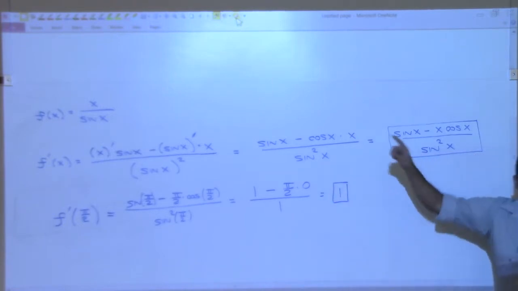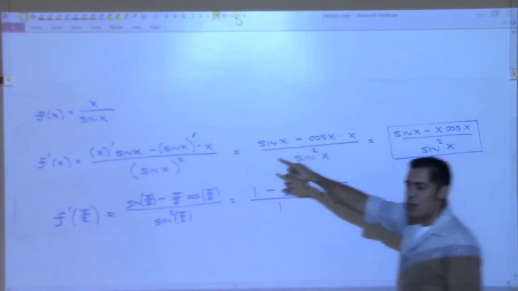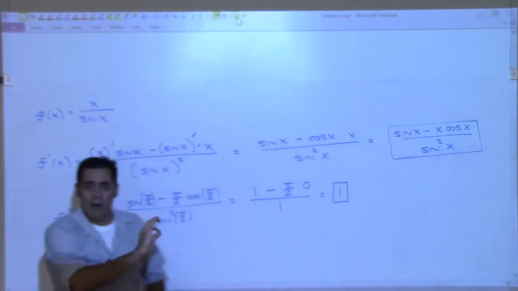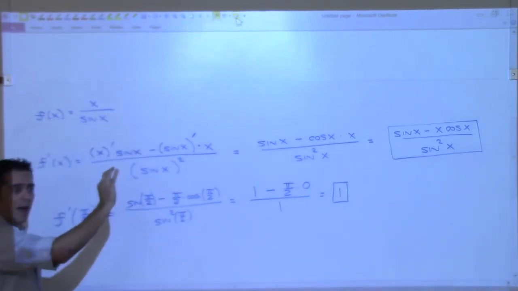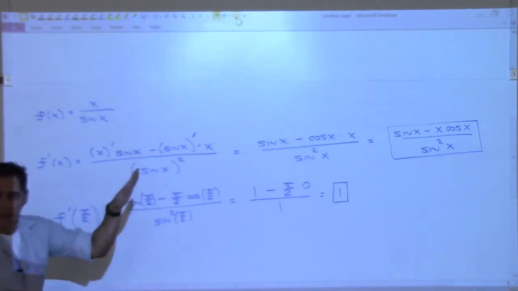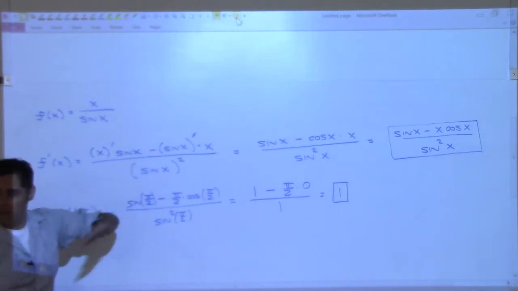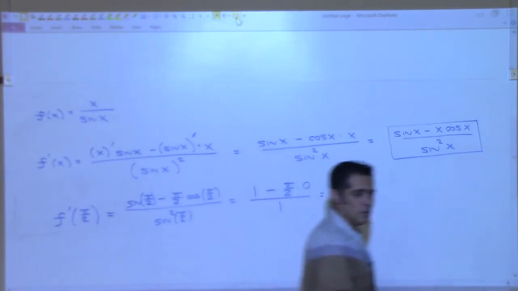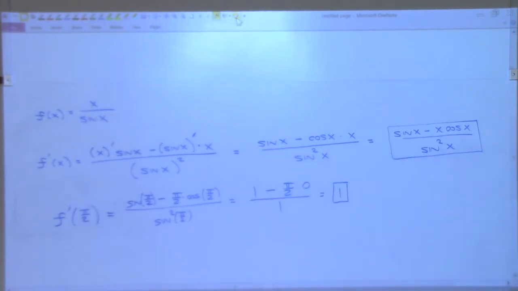So if I go graph that, and I go to the point x coordinate pi over 2, and I go to the graph, I should have a tangent line that has a perfect slope of 1. Do you believe it? You want to see it? Let's see it.